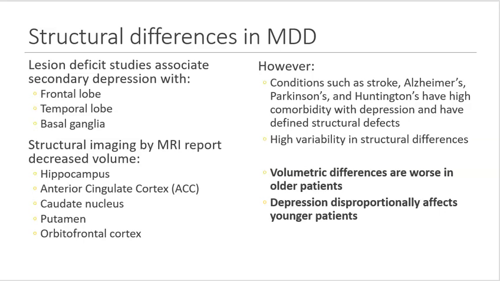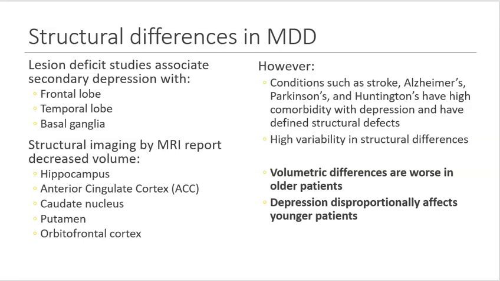Of course, something else is that, as we talked about, MDD can be a secondary instance for people that have other diseases or something else going on. For instance, with stroke, Alzheimer's, and Parkinson's, there's a high comorbidity. And with things like stroke and Alzheimer's, you can themselves also see a decrease in volume of certain brain areas.